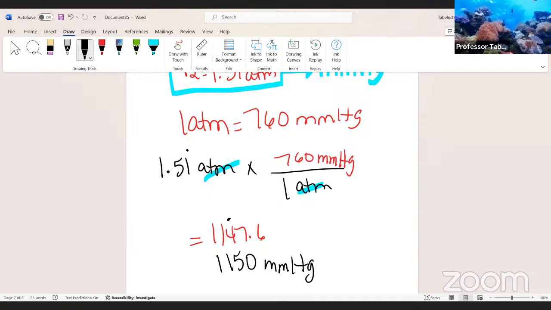And again, YouTube, you can't see this, but if you're looking for the answer here for 1129B, you see that? 1150 millimeters of mercury. So again, this is the reason why I say you want to make sure that you have to keep the significant digits rules in place, and you don't want to not do that, okay?